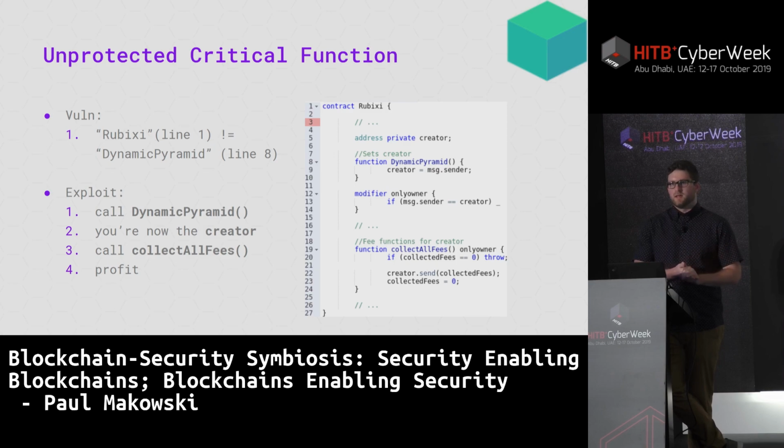By default, in Ethereum smart contracts, normal functions can be called by anyone at any time. And this function reassigns the variable creator to whoever called that function. Message.sender is whoever called that function. So in order to drain this pyramid scheme of all of its money, you simply needed to call the function Dynamic Pyramid, set yourself as the owner of the contract, and then just withdraw everybody's funds.